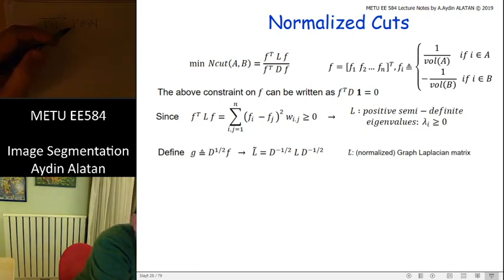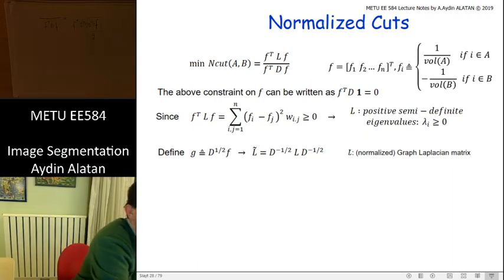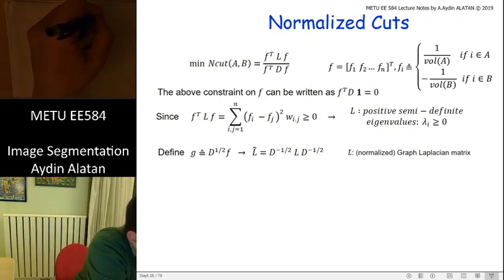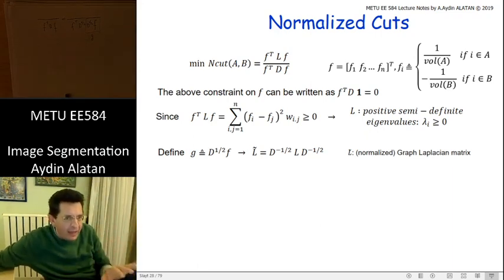I just try to obtain something like this, and I'm writing this as a new thing, G. This term will be G. I define this new G. Therefore, right now, the denominator becomes much simpler in terms of G. It will be G transpose G.